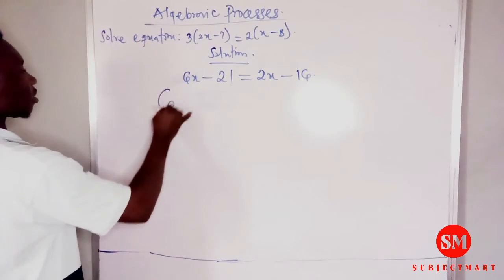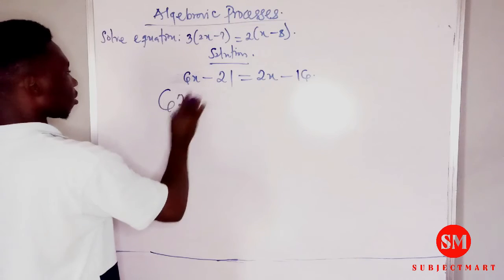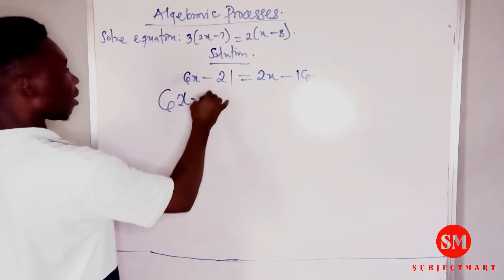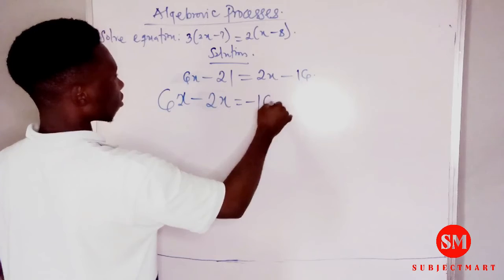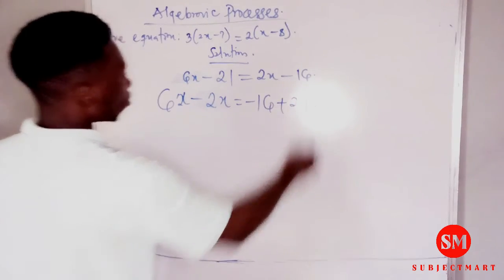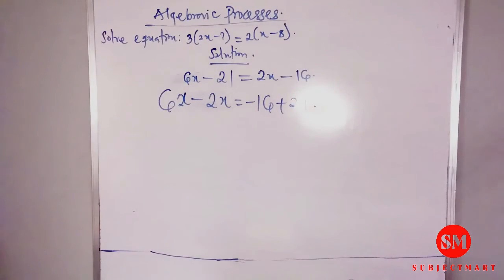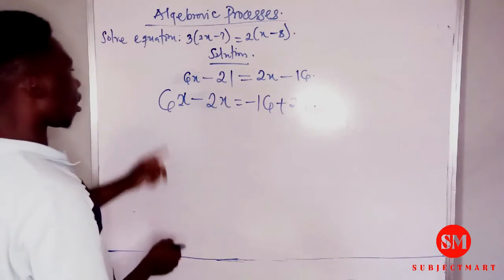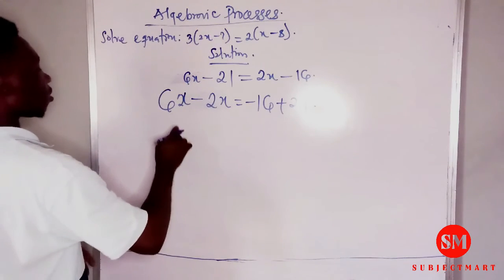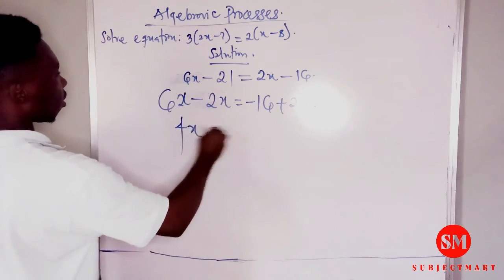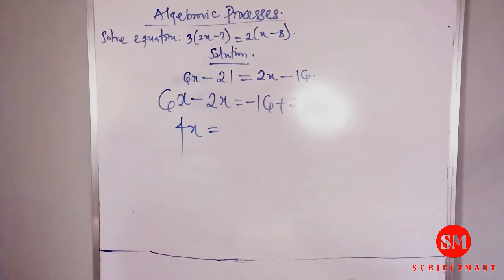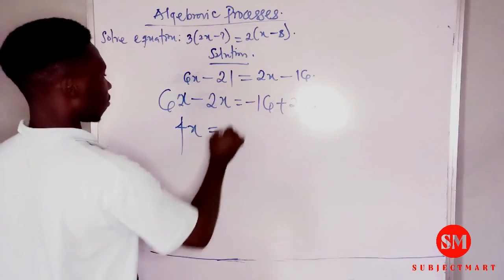Collecting like terms, it becomes as 6x minus 2x is equal to minus 16 plus 21. So pay close attention, 6x minus 2x is going to give us positive x is equal to 21 minus 16, which is going to give us 5.